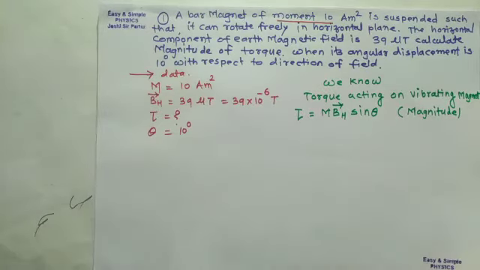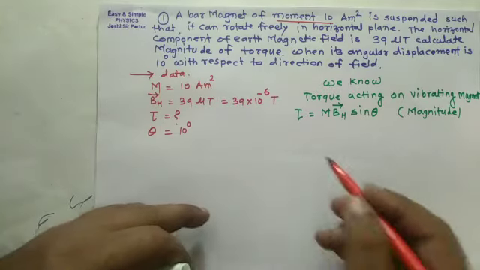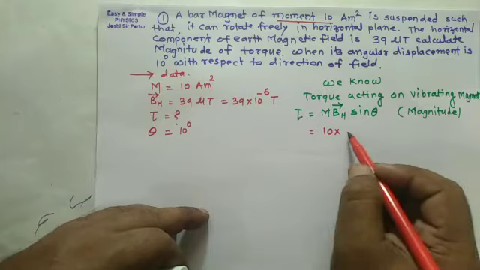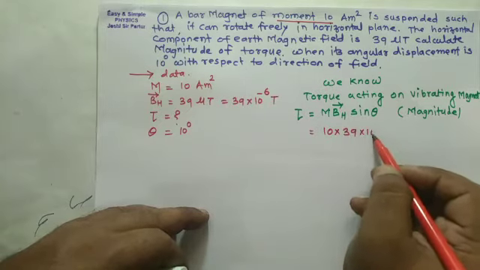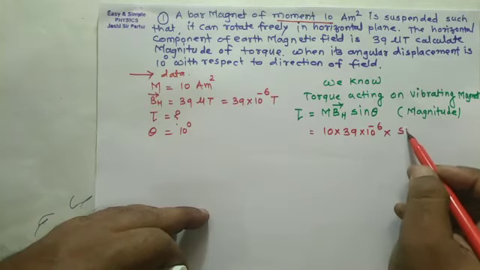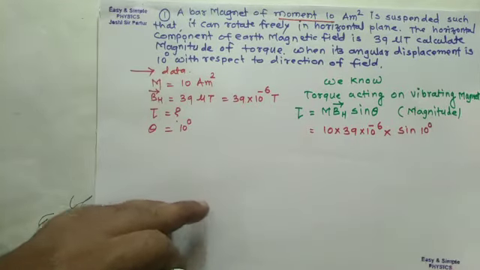If we substitute the values, then the answer will be 10 multiplied by 39 into 10 to the power minus 6 multiplied by sine of 10 degree.